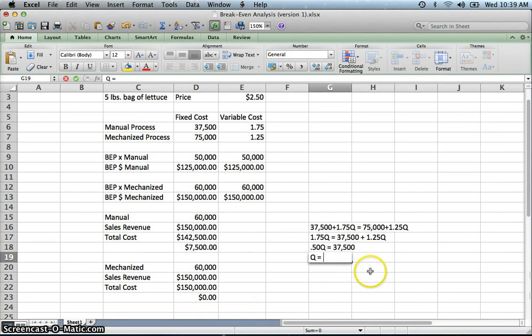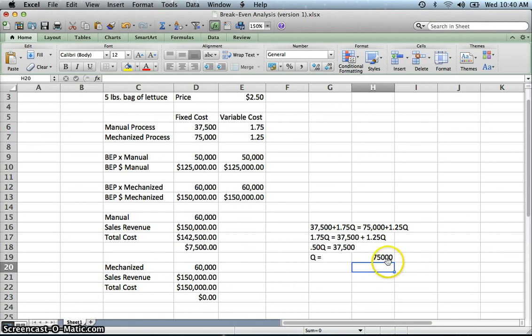So I'm going to come back here and answer that right here. So this would be 37,500 divided by 0.5, 75,000. So at 75,000, the mechanized process will become more profitable.